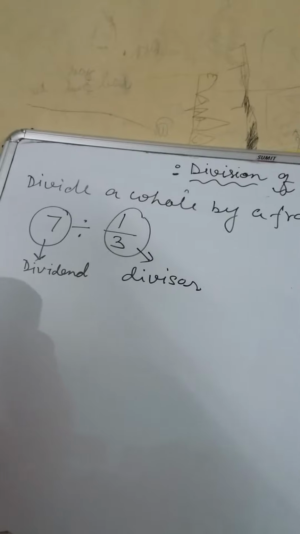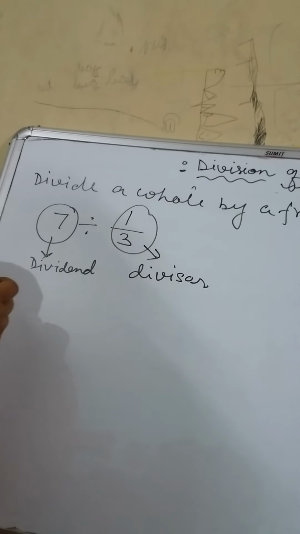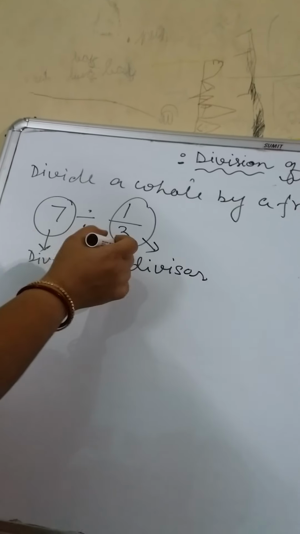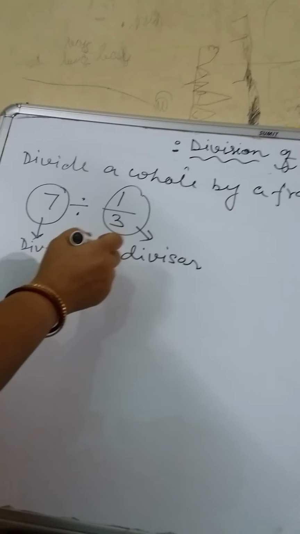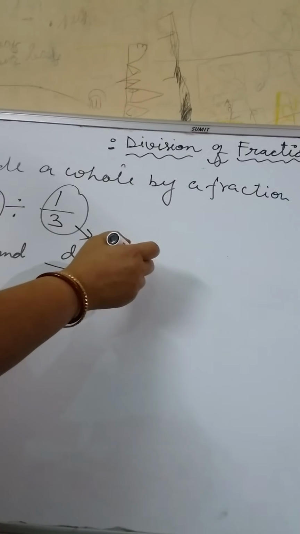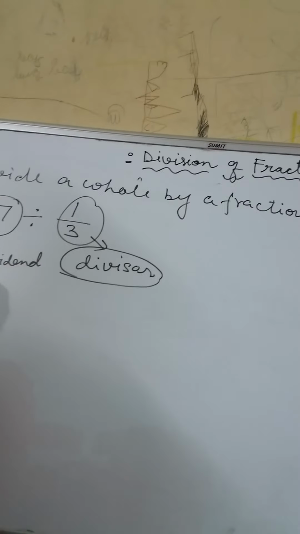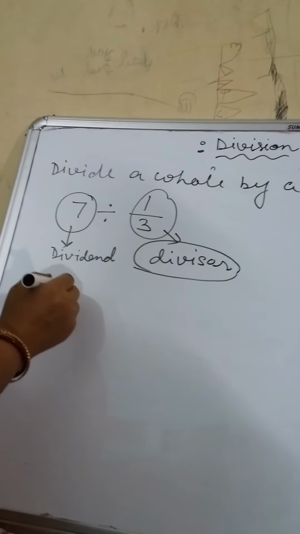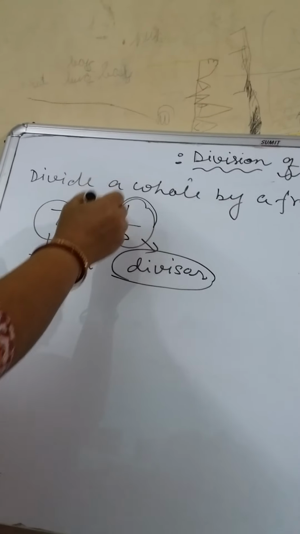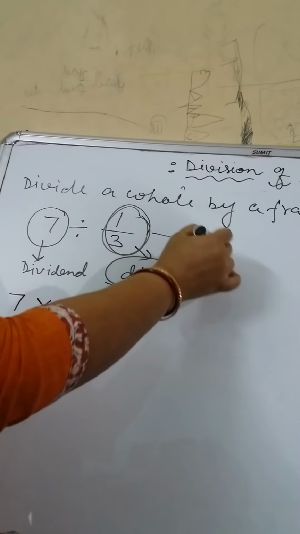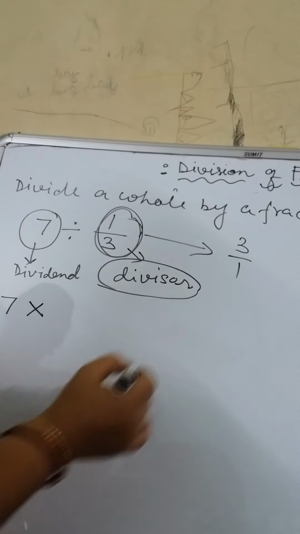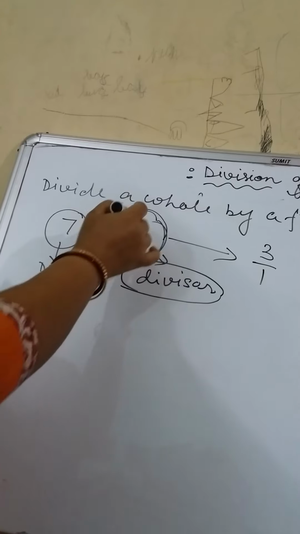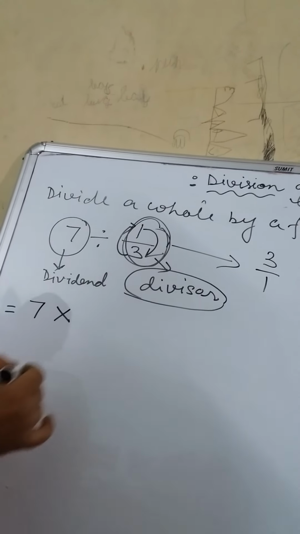Okay, you have to remember that division is nothing but multiplication by the reciprocal of the divisor. So I can write this as 7 into the reciprocal of the divisor, that will be 3 by 1, because the denominator comes up to the numerator and the numerator goes down to the denominator.